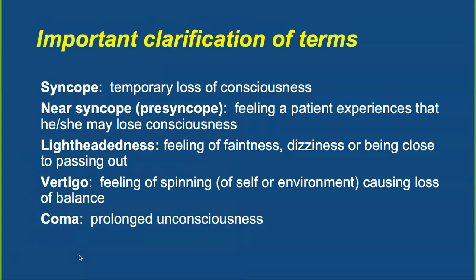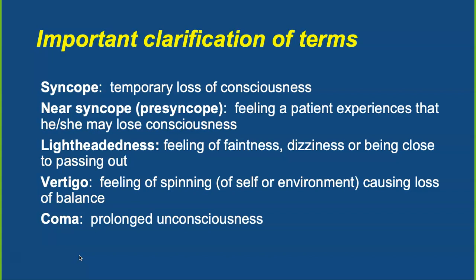So before we go into the approach to syncope, I want to make sure you remember to distinguish syncope, which is defined as temporary loss of consciousness, from other entities which are kind of similar. So when we talk about near syncope or pre-syncope, it is the feeling the patient experiences that he or she may lose consciousness. Sometimes people say that they are lightheaded. It's this feeling of feeling faint or dizzy or being close to passing out.